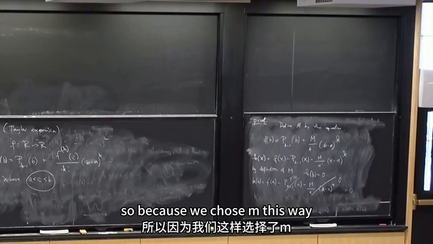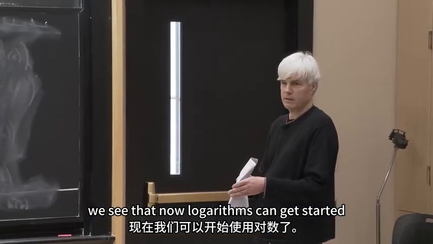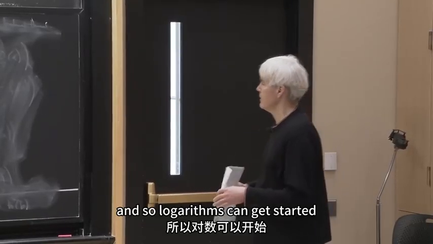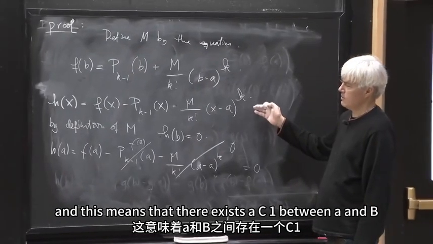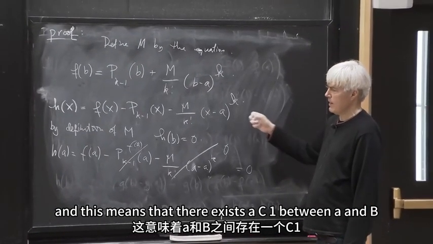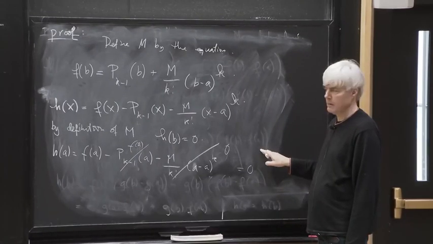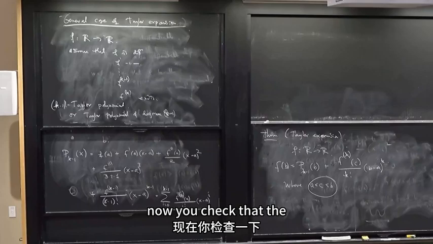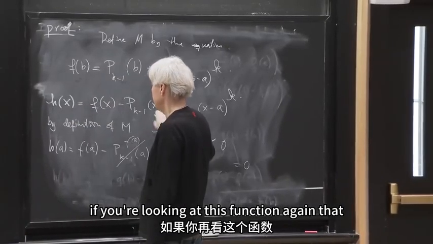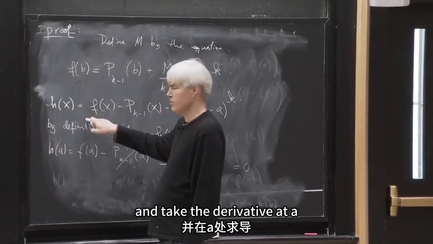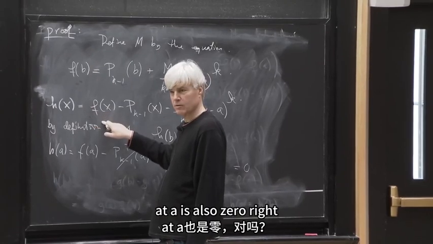Because we chose m this way, we see that now Rolle's theorem can get started. This means that there exists a C1 between a and b where the derivative of h is 0. Now if you take the derivative at a, the derivative at a is also 0.